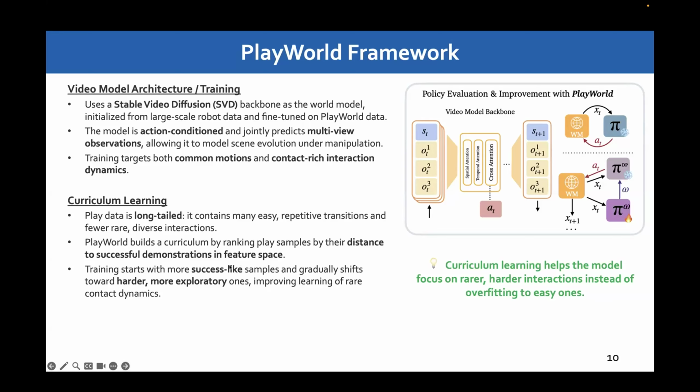They start with more of the successful examples, and then as the training proceeds, it gradually shifts to the harder tasks, like the failures and, for example, out-of-distribution cases. They use latent space distance to determine this. So the further it is from the successful demonstration, the later it is in the curriculum. Understood. Thank you very much. Thank you.